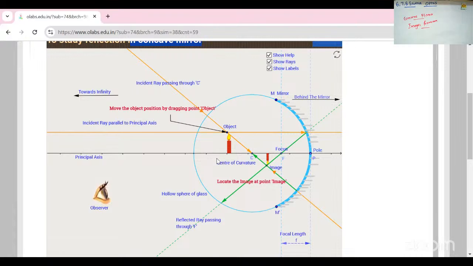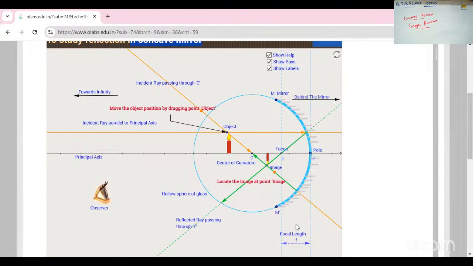Shall we move to the next? If there is any doubt, please ask me. What is the pole point? What is the focus? What is the principal axis? This is the incident ray along the principal axis. Behind the mirror means the image is formed in this portion. This is the mirror. The focal length is the gap between the focus point and the pole point.